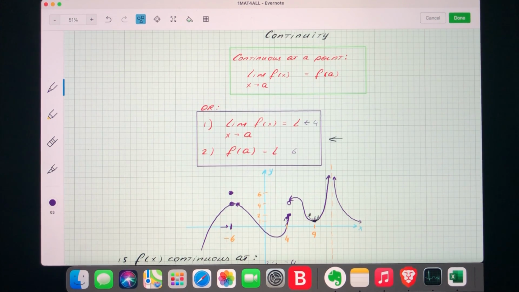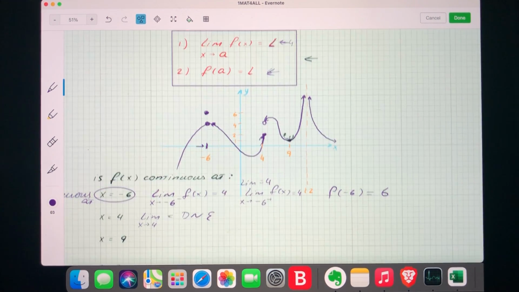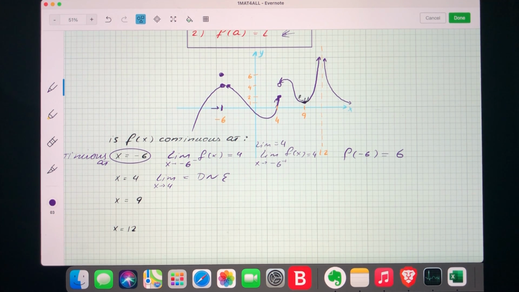And if the limit here does not exist, then of course it cannot be equal to the height. So in this situation, the function is once again not continuous at x equals 4.